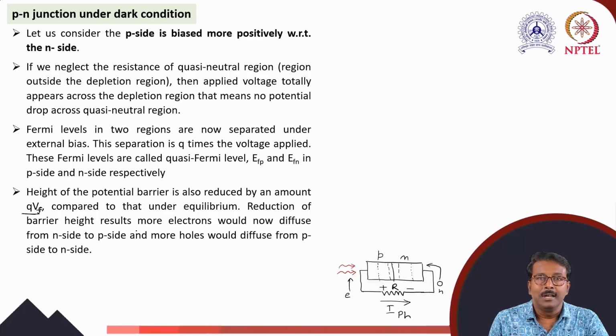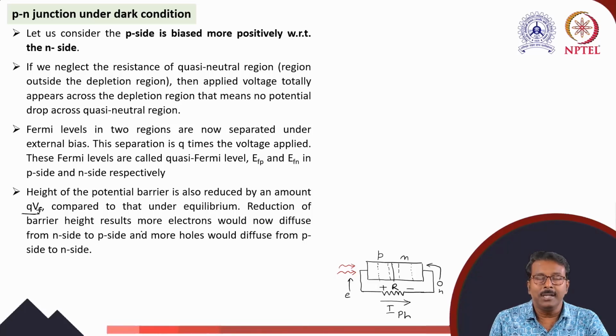That means due to application of forward bias, there will be an injection of carriers, holes from P side to N side, and electrons from N side to P side, and ultimately they will create some excess minority carriers on both sides.